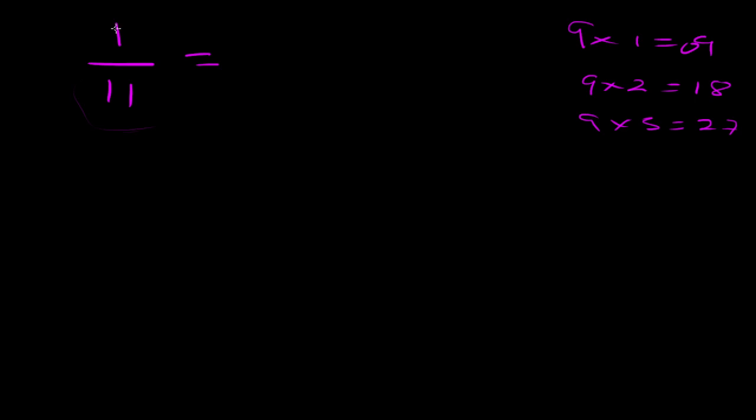So once we divide 1 by 11, we get 0.09 repeated. So in a sense, what follows the decimal point is just those multiples of 9. When we multiply 9 by 1, we get 0.9. So the decimal that is going to repeat will be 0.9.